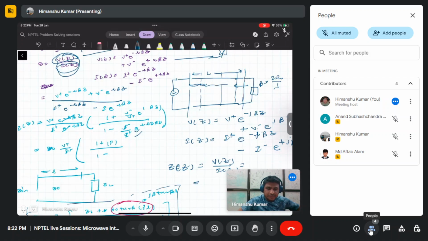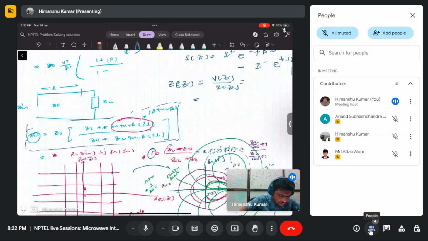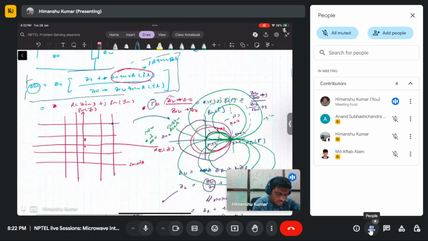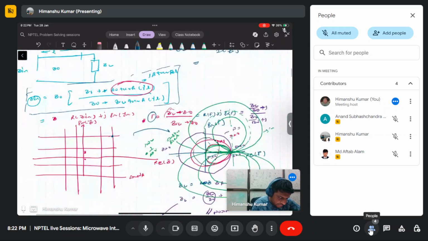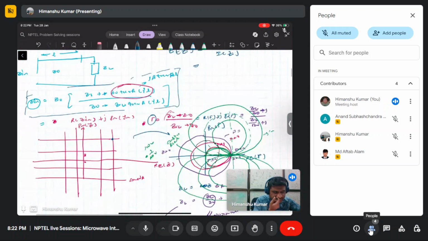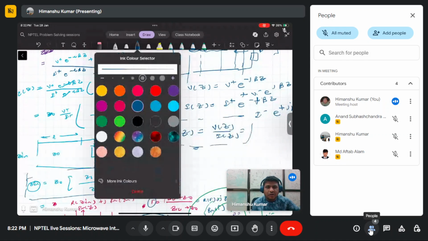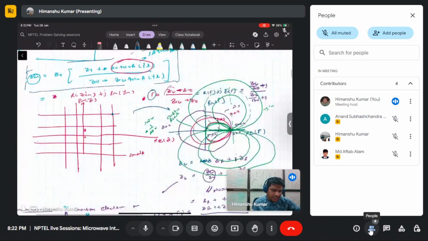which is related to the frequency. One more important concept is that, as you can see, there are complex terms involved, so this impedance will be a complex function.